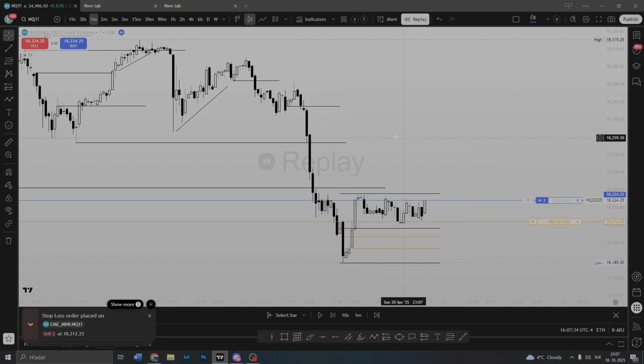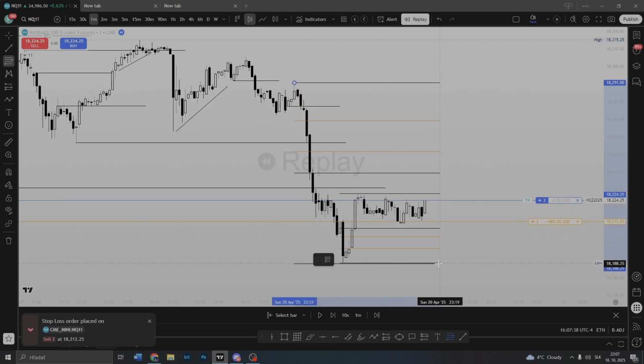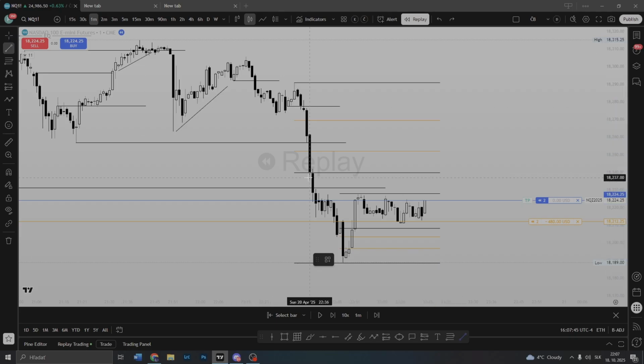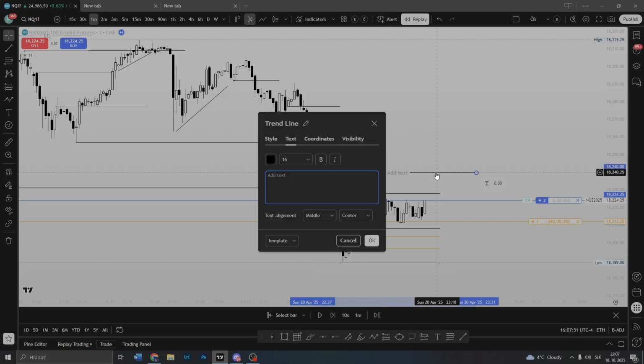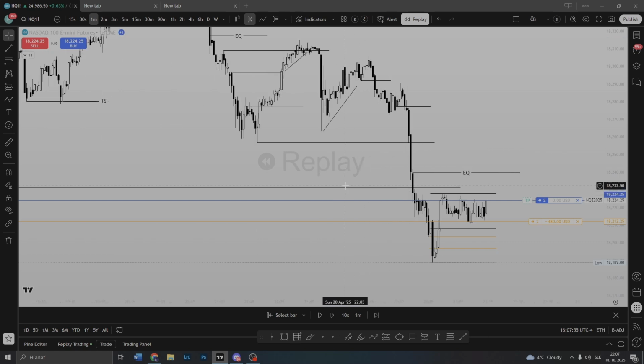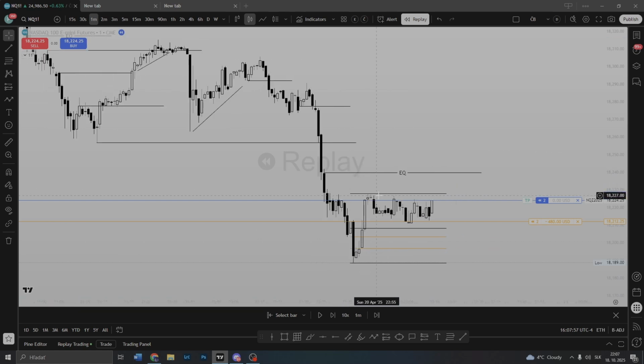In terms of targets, we'll take this swing high to this swing low. The first TP is going to be EQ. So let's put a line right here. We'll call it EQ because it is. I will delete this line and I will delete this little range for now.